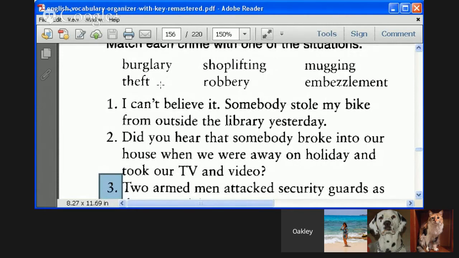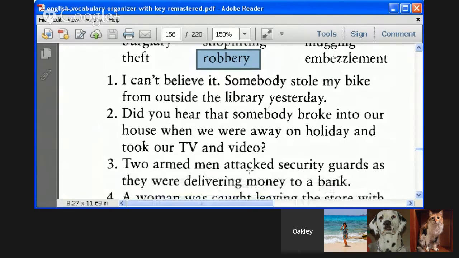Well, theft is a more general term, but more specifically, robbery. Someone's using a weapon to threaten someone to take money. Notice that this doesn't happen in a building, so it's not a burglary. It's not just somebody taking something that's left unattended, that's theft. So this would be robbery.